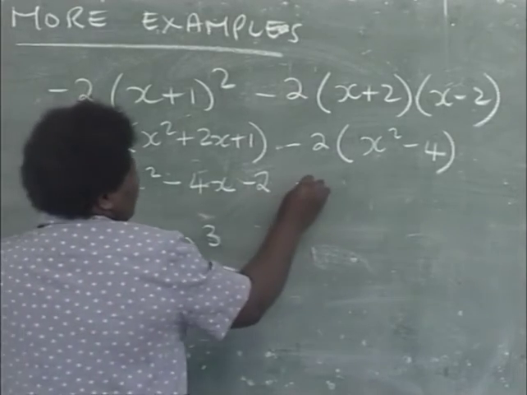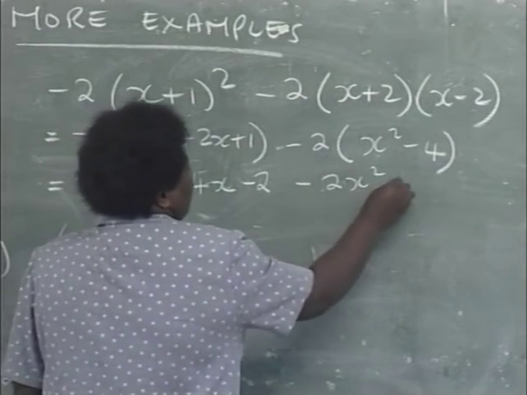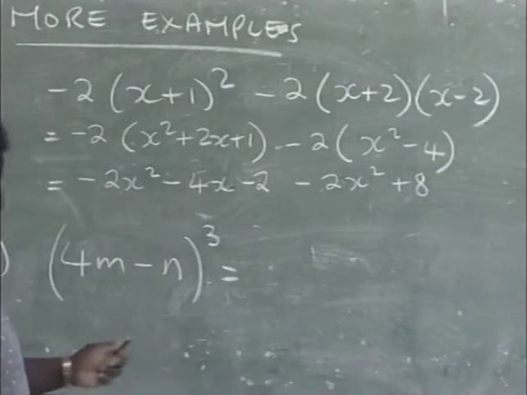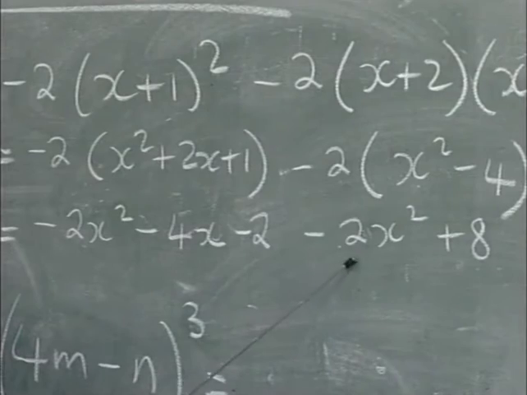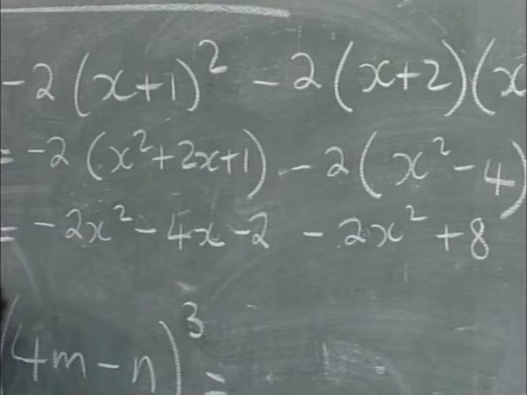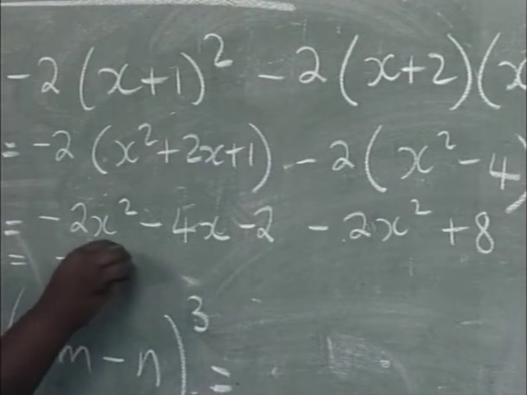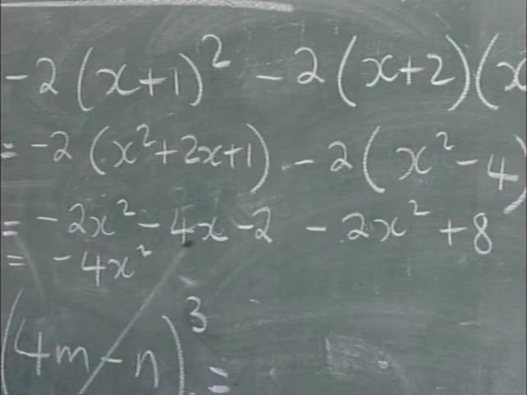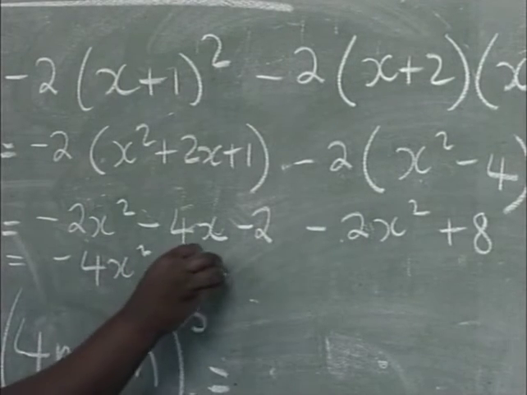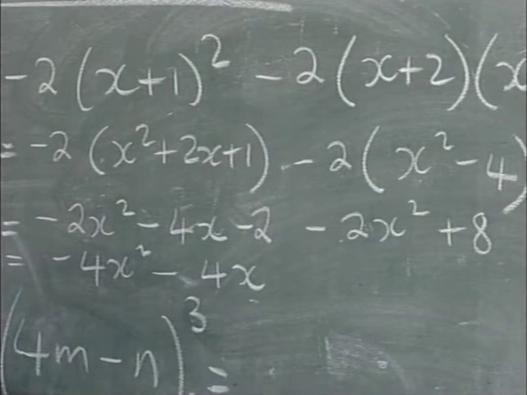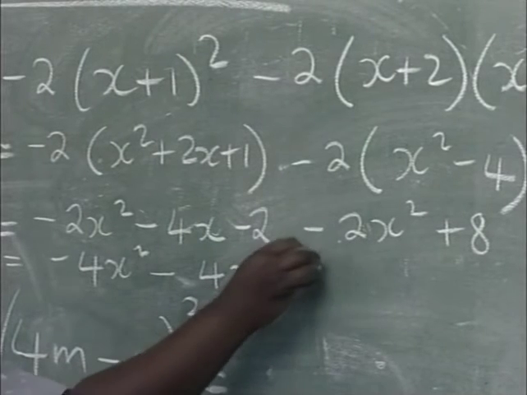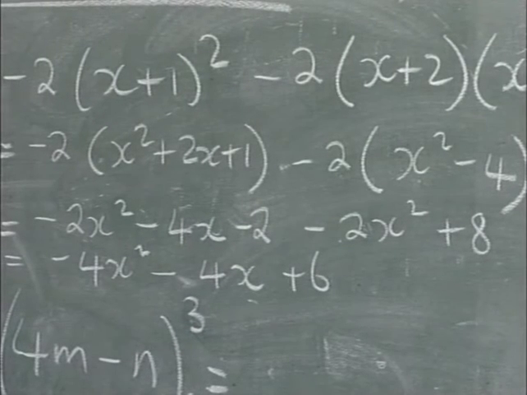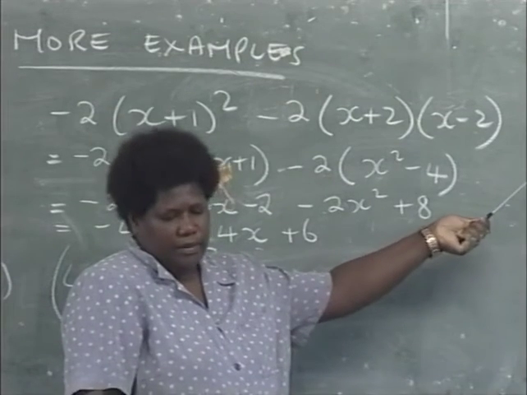Okay, then minus 2x squared plus 8. So, minus 2x squared minus another 2x squared gives negative 4x squared. Then minus 4x, there is no other x, so minus 4x. And minus 2 plus 8 is positive 6. So the answer, minus 4x squared minus 4x plus 6, which is the first one.